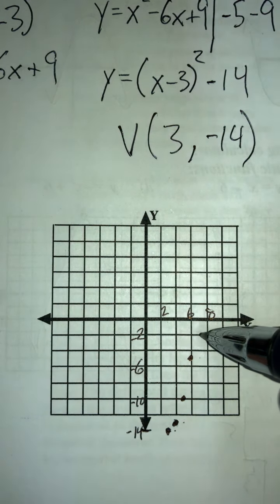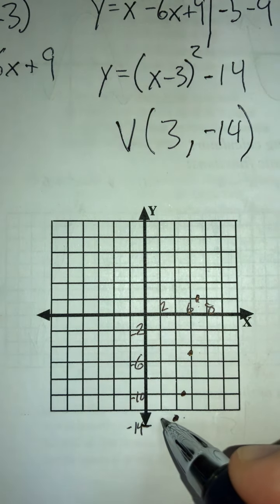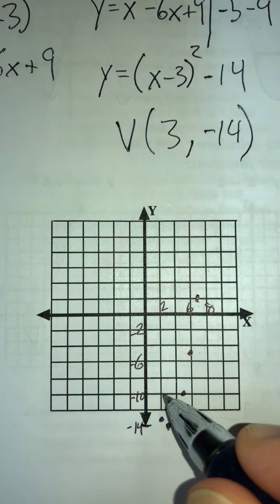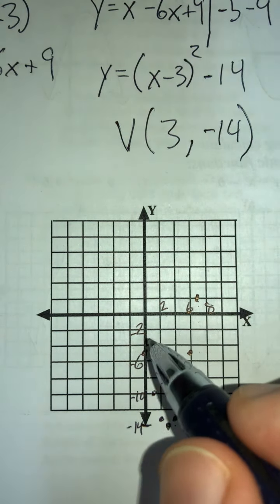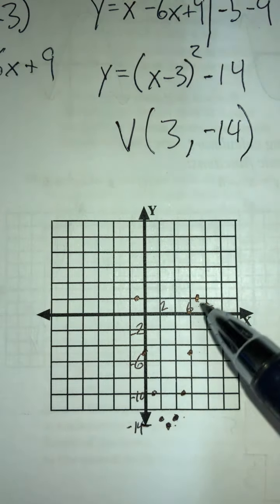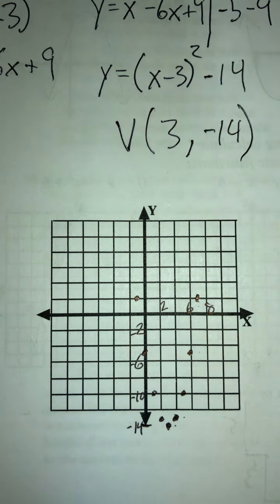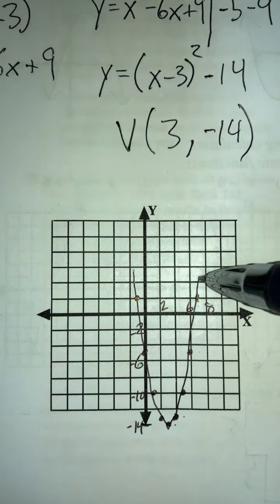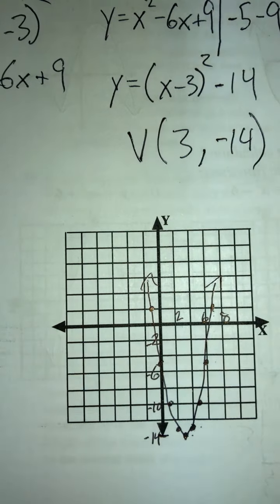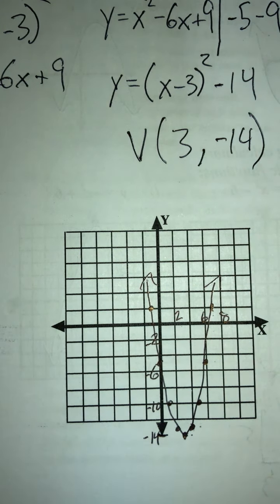So that's how you'd get that. So put these dots, making it symmetrical. And then connect the dots. So there is my parabola.